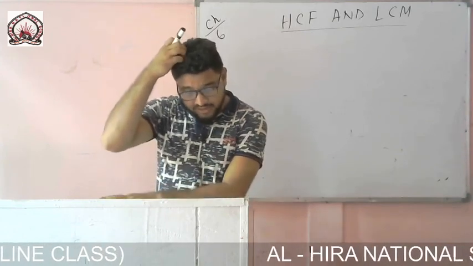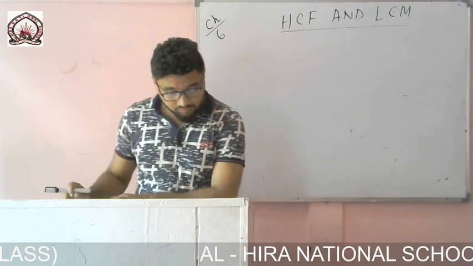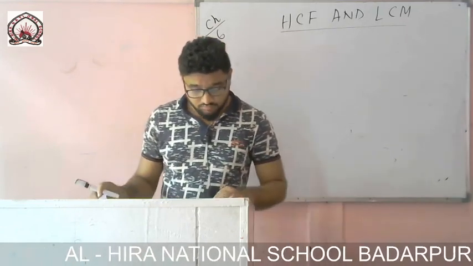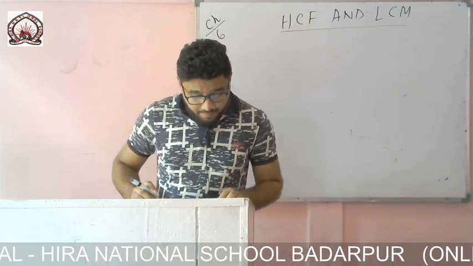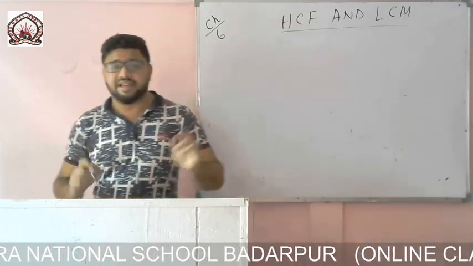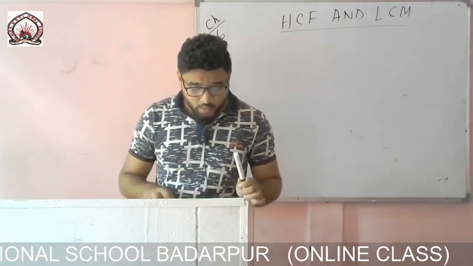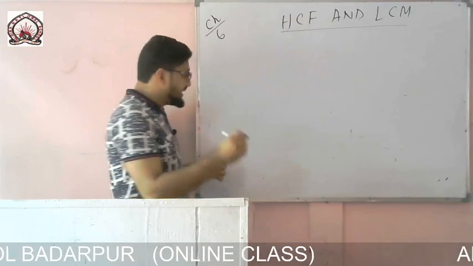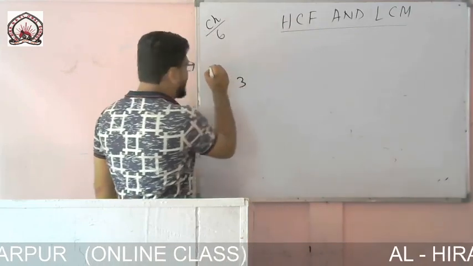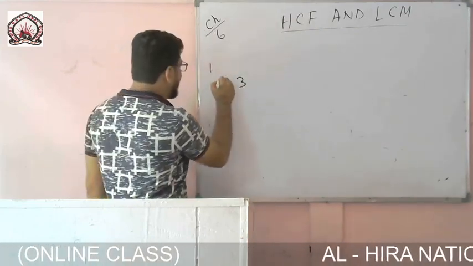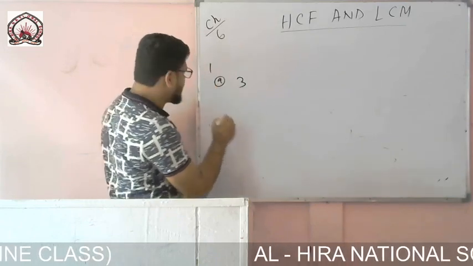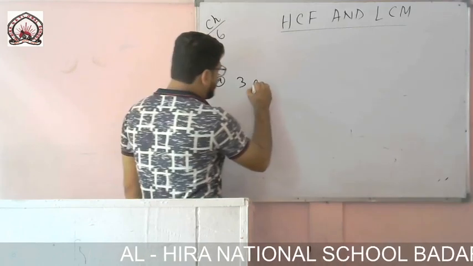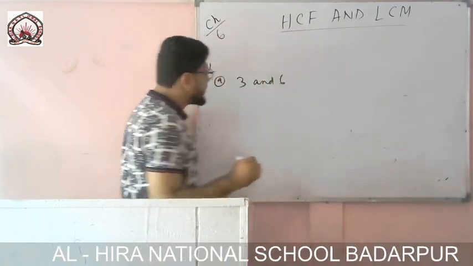So 3 and 6. We can find this 3 and 6 only in the multiplication tables of 1 and 3. Question number 1, part A: 3 and 6.